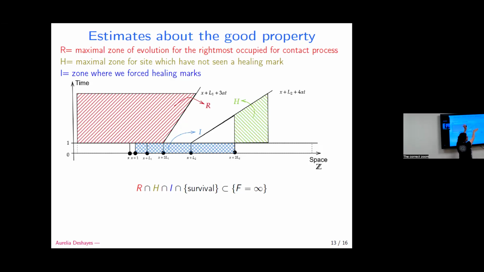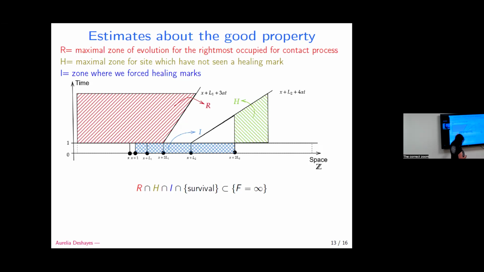At some point, this zone will be really disjoint with high probability. So every time a site tries to jump to its right, it will be somewhere where the environment is the same for both processes, and so the rightmost will stay the same. So that's the idea of this.